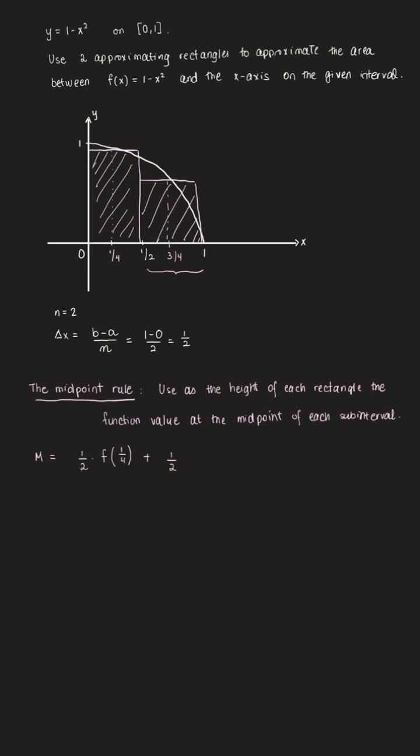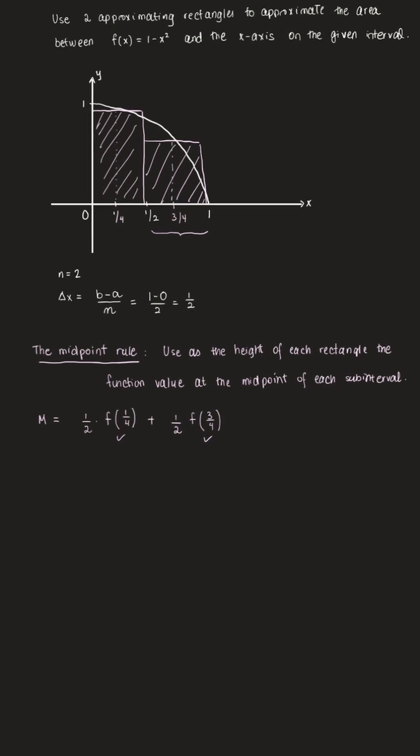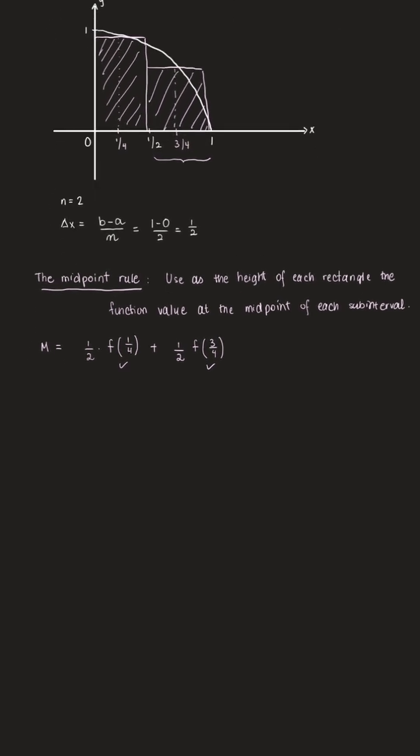That has not changed since I'm only using two rectangles, but now the height is going to be f of 3/4, where we evaluate f of 1/4 and f of 3/4 using our original function. So if we continue our calculation here, I'm going to factor out 1/2 from both terms, and so we'll have to find the function value at 1/4 plus the function value at 3/4.